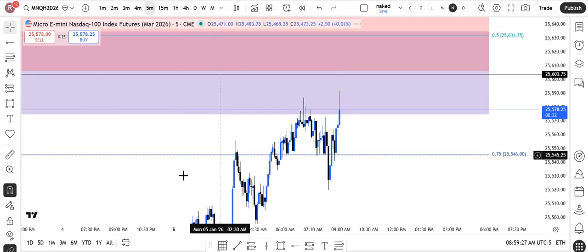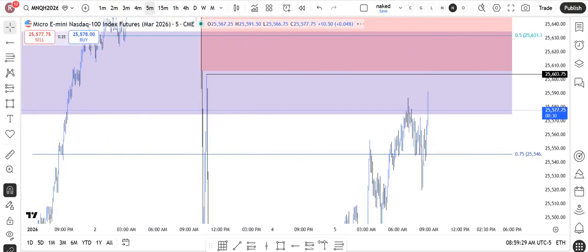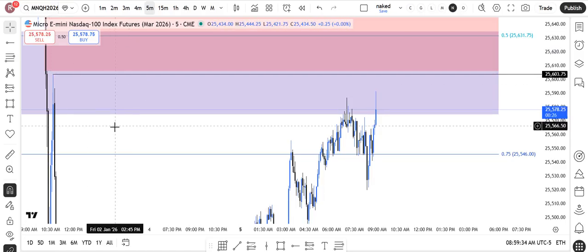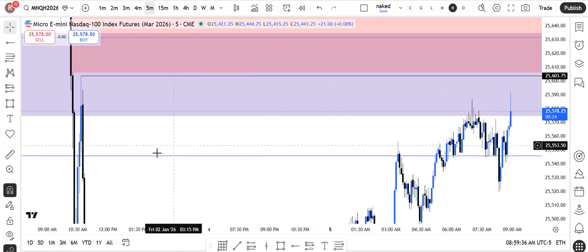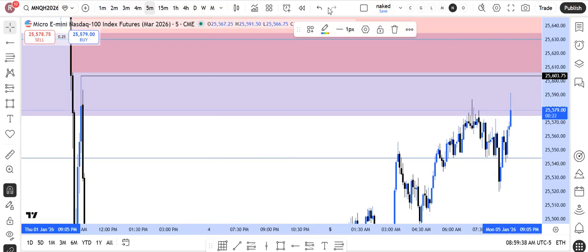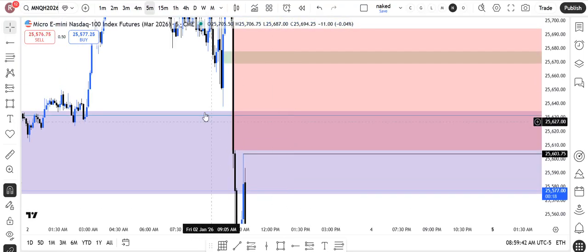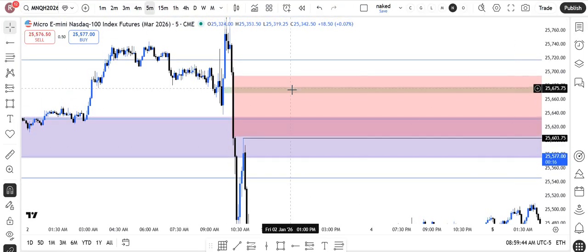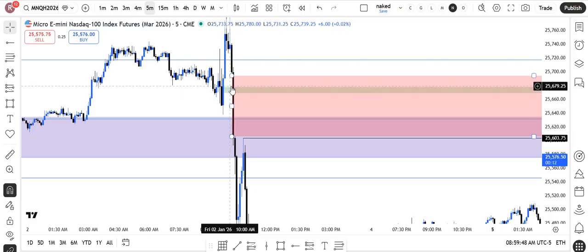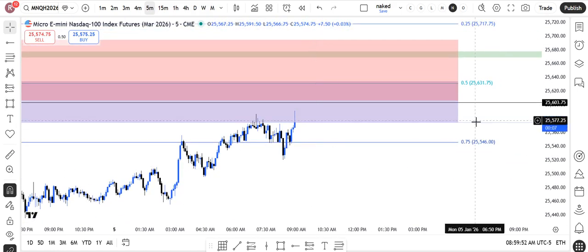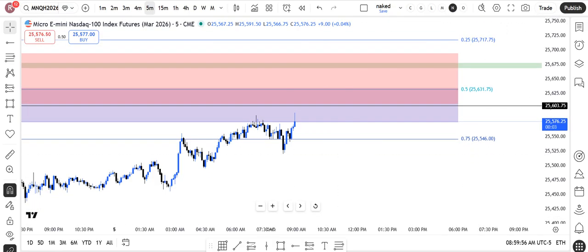I have this level marked off on the 5-minute chart, which is where I'm pretty confident price is going to gravitate towards this high, take this out, and then I have this inefficiency. I would like to see how it behaves in there. We'll see if I utilize that later on. But for right now, you don't need to concern yourself with what that is.